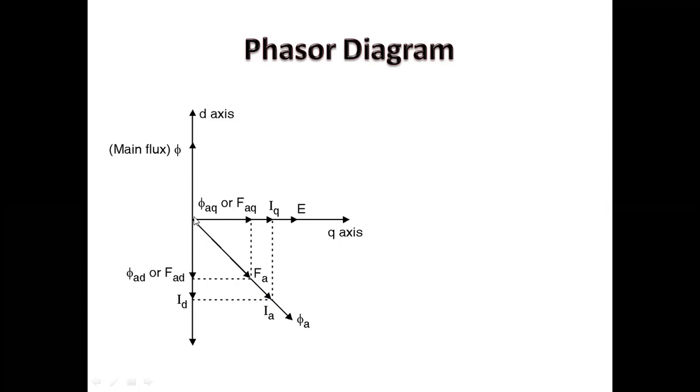One component is shown along Q axis, which is known as FAQ or phi AQ. MMF produces flux, so it is denoted by FAQ. And one component which acts along direct axis, denoted by FAD or phi AD. So this is the phasor diagram as per Blondel's two reaction theory.